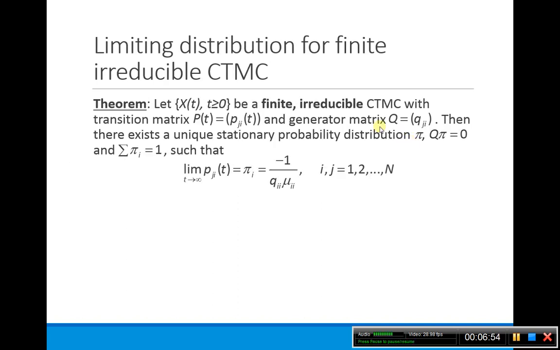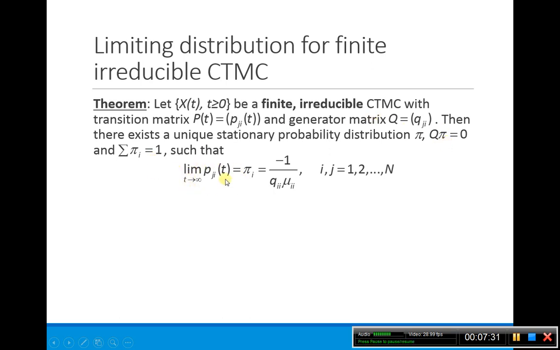So talking about limiting distributions, if we have a finite and irreducible continuous time Markov chain that has our transition function P of t and generator matrix Q, then there's a unique stationary probability distribution, just like we have with discrete Markov chains, where Q pi is equal to 0, and the sum of all of our states is equal to 1.